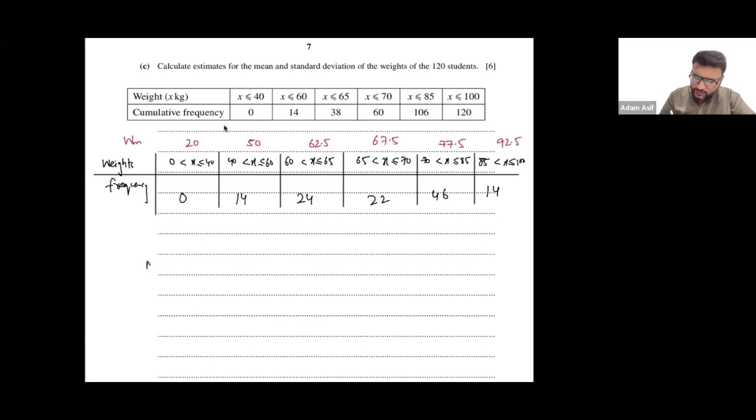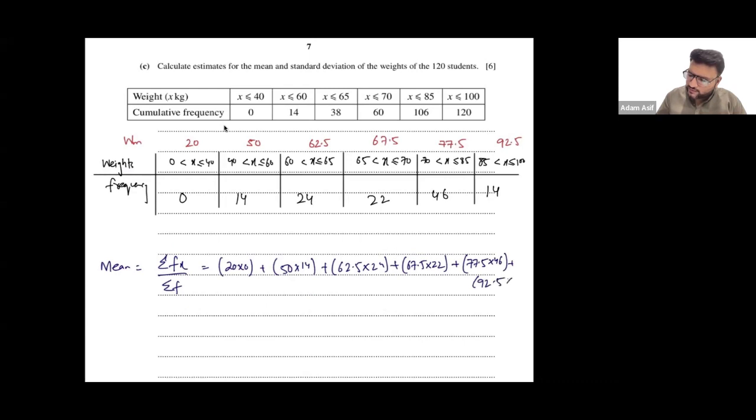Now to calculate the mean, we are going to use sigma fx over sigma f. 20 times 0 plus 50 times 14 plus 62.5 times 24 plus 67.5 times 22 plus 77.5 times 46 plus 92.5 times 14, divided by the total frequency, that is 120.